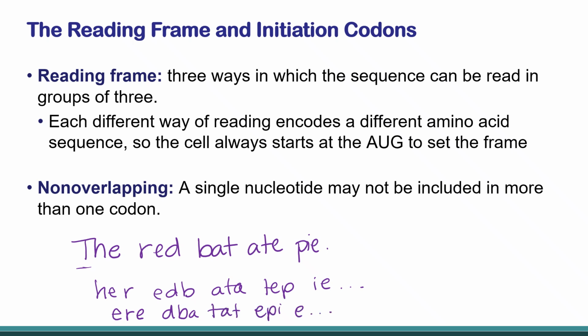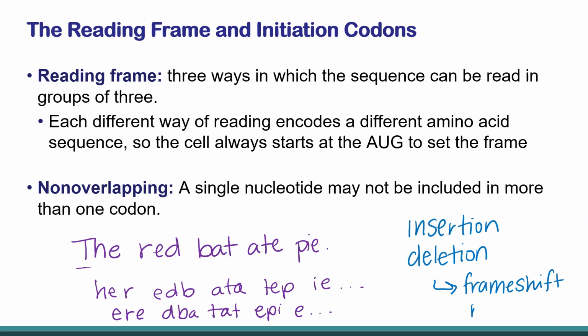Our proteins are the same way. We always want to start at the correct reading frame at the A in our start codon. Likewise, if we have an insertion into our DNA sequence, a base pair insertion or a base pair deletion, this is going to cause what we call a frame shift mutation, because it changes the reading frame.